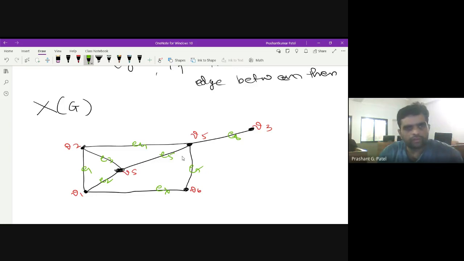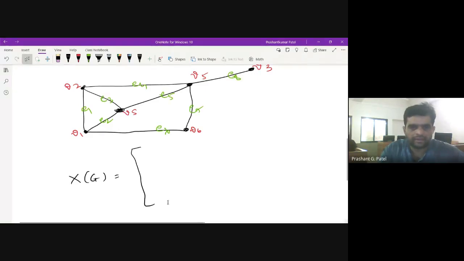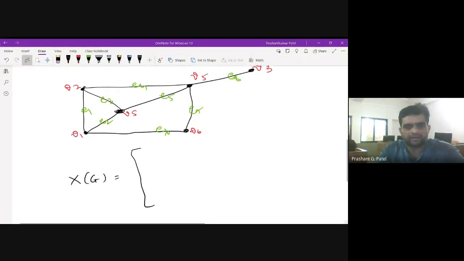Now we need to write down what X of G is for this graph. If I want to write X of G, how many vertices are there? 6. So it is a 6 by 6 matrix.